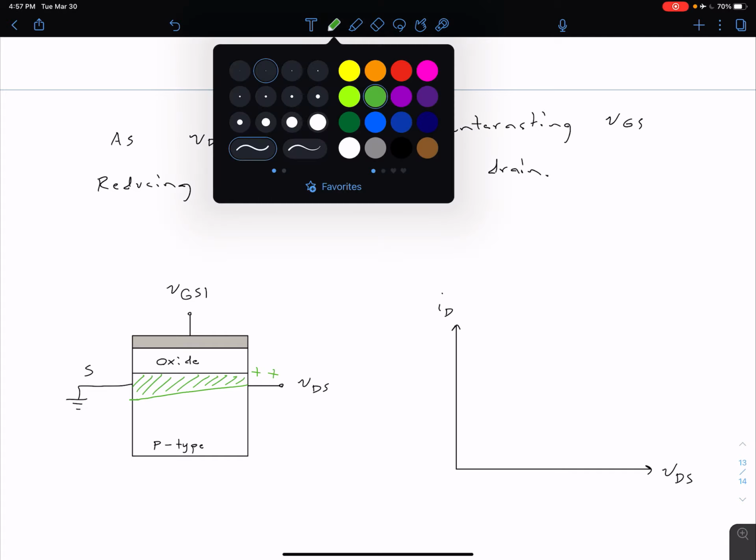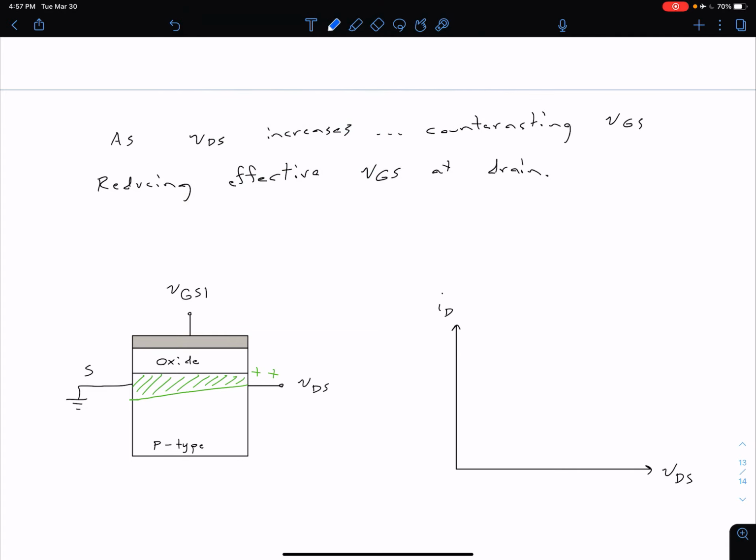So in terms of our curve, we had the linear region we talked about before, but as we keep increasing, we start seeing a bit of roll off. We no longer have that linear relationship, so we start dropping off a little below what we would expect if it continued to be linear.